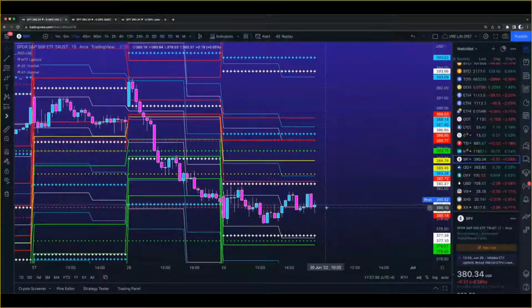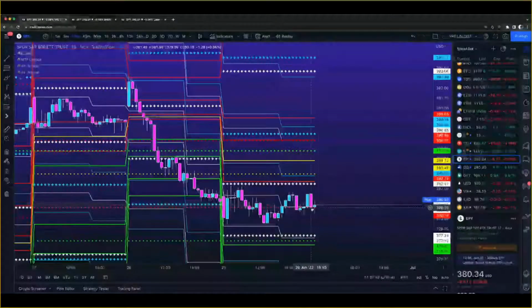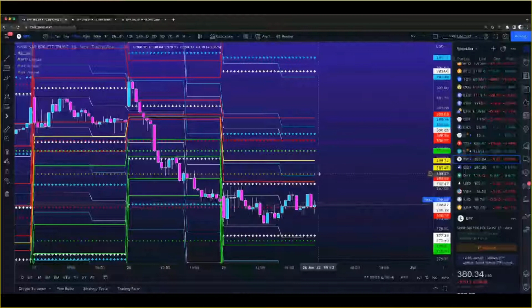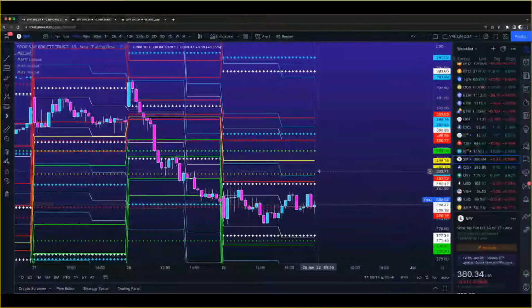Probably right on the bottom of the weekly. That being said, this will probably open up around 383 pre-market. Or when our market opens, it'll probably be about 383, 384, right in this range. I bet it opens up above the center weekly. If that's the case, tight range, this thing's probably going to run.